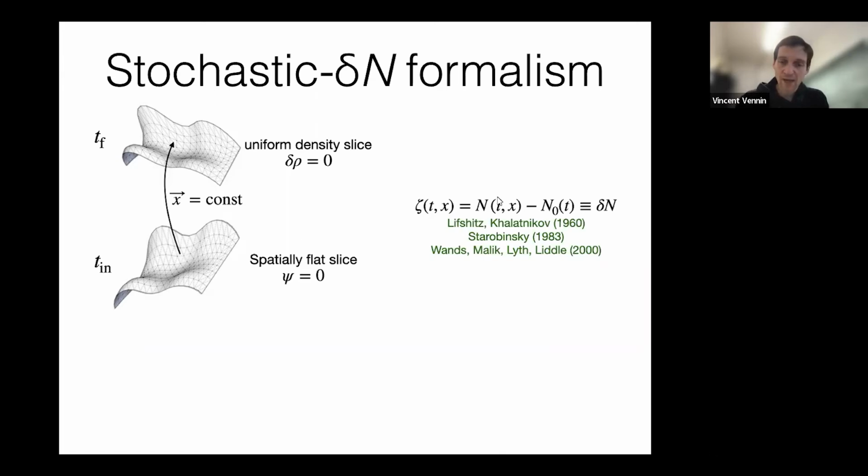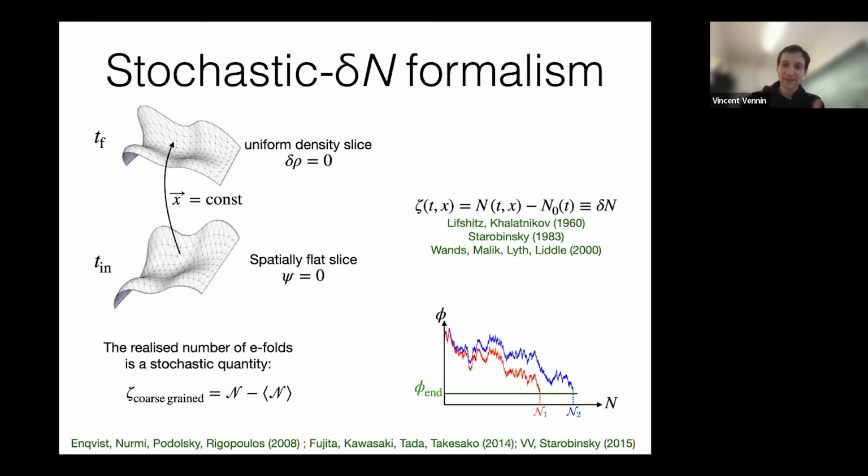This is called N of t and x, because it depends on this local observer. And of course, a slightly shifted local observer will measure a slightly different number of e-folds. And if you take the difference between those numbers of e-folds, which we call delta N, this essentially coincides with the curvature fluctuation, at least on large scales. So why is that useful?